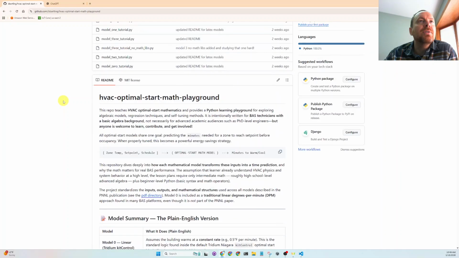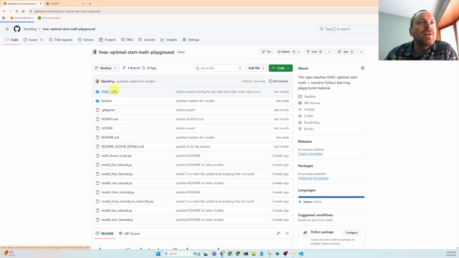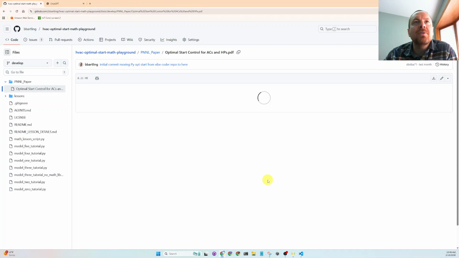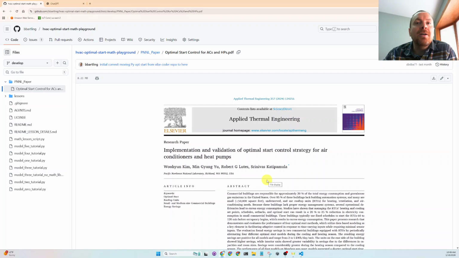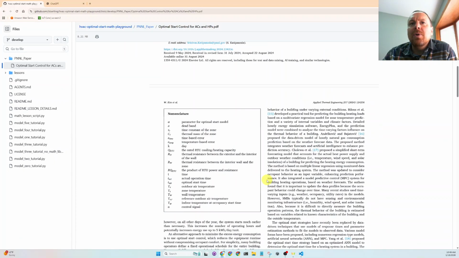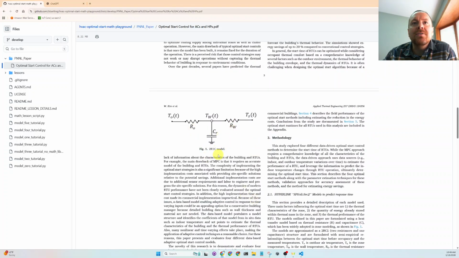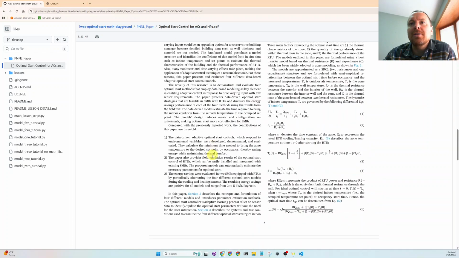Let's jump into it. I've been saying read the paper if you haven't read the paper. We've looked at it a little bit. This is what PNNL did in this research, the resistive capacitance model.